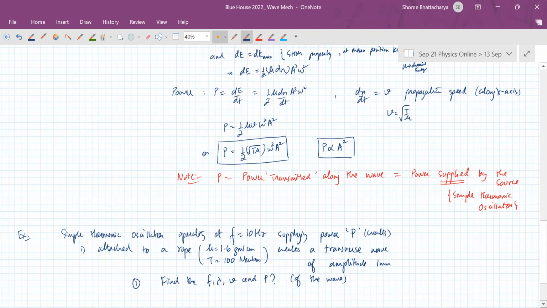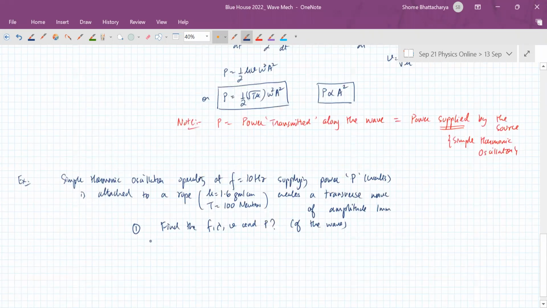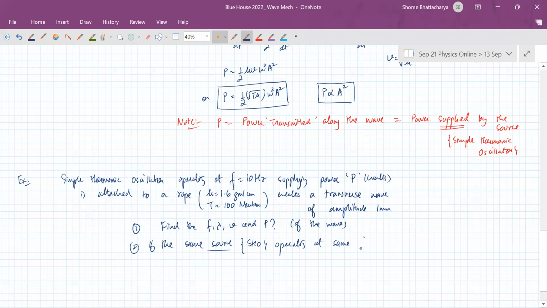And second part, if the same source, that is the simple harmonic oscillator, operating at the same frequency and power, is attached to a rope at tension equal to 25 newtons and linear mass density equal to 1.6 gram per centimeter.